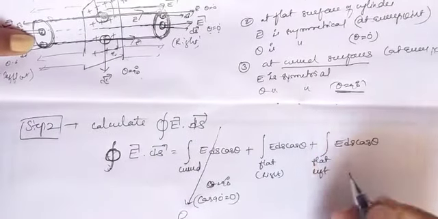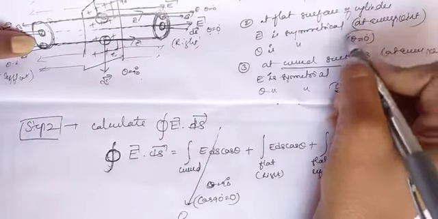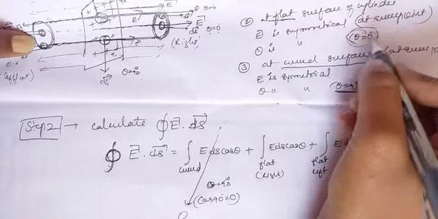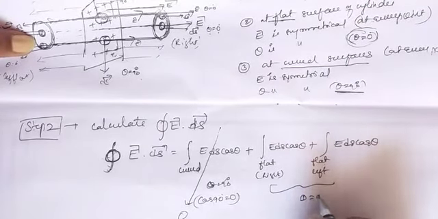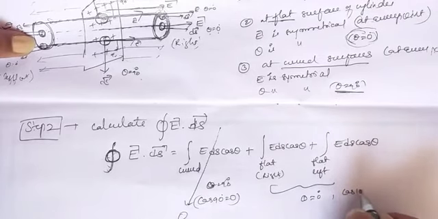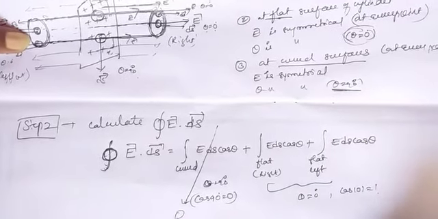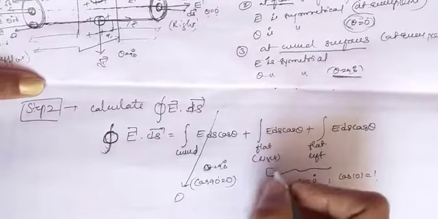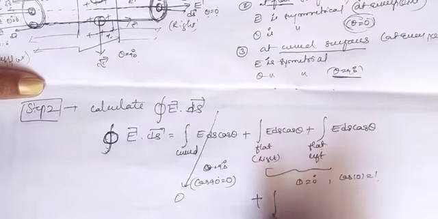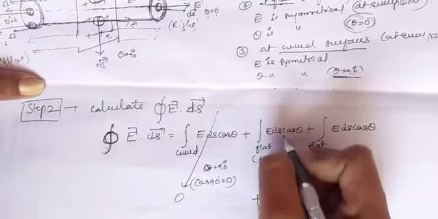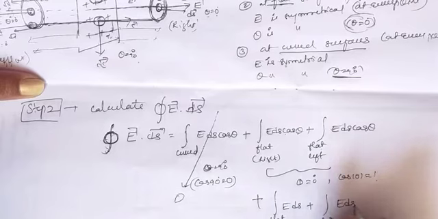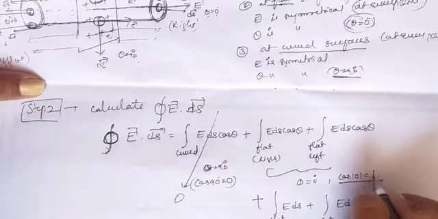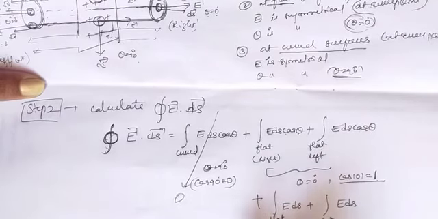At the flat surfaces we have theta equals 0, and cos 0 equals 1. So for the flat surfaces we get E ds plus E ds, where cos theta equals 1.